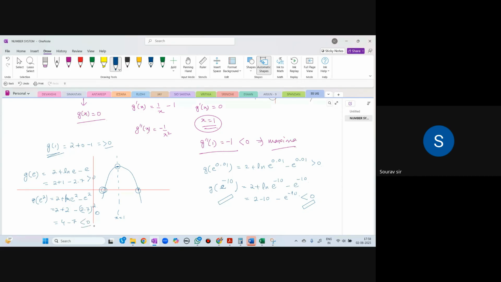So this is 4 minus 7, which is negative. So g(e) is positive, g(e squared) is negative. Therefore, g has to cross the x-axis between e and e squared.